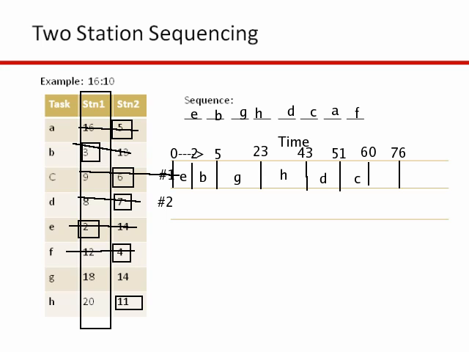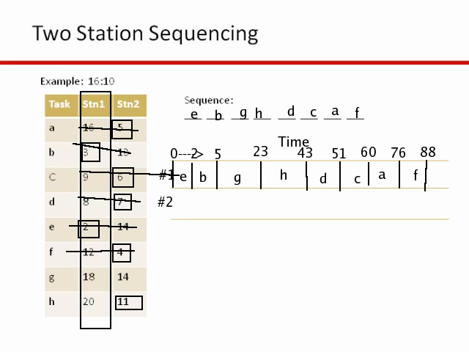And then the last one is going to be F. F can start at 76, and it's going to take us to time 88. And that's what the jobs on the first station are going to look like. So any questions on that Gantt chart of what things are going to look like on machine 1 with that given sequence?